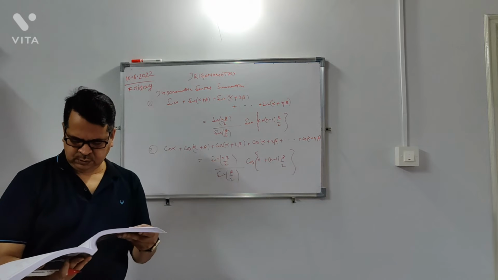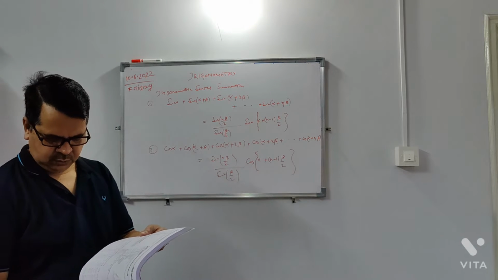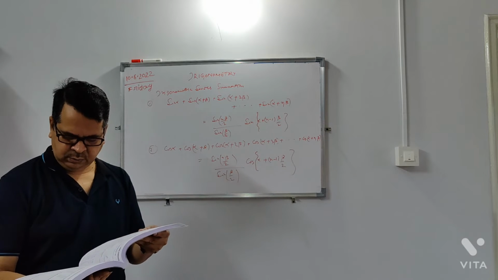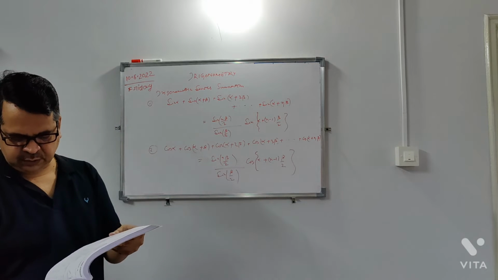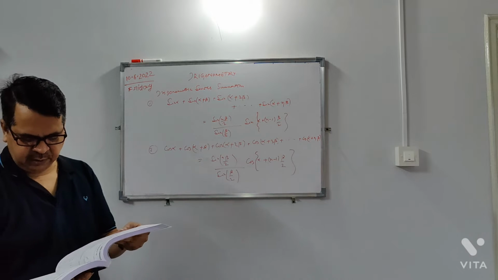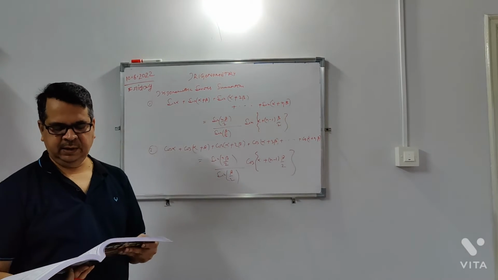Cos 3a is equal to 4 cos cube a minus 3 cos a. Then tan 3a is equal to 3 tan a minus tan cube a divided by 1 minus 3 tan square a. So these 2a, 3a formulas are very, very important.